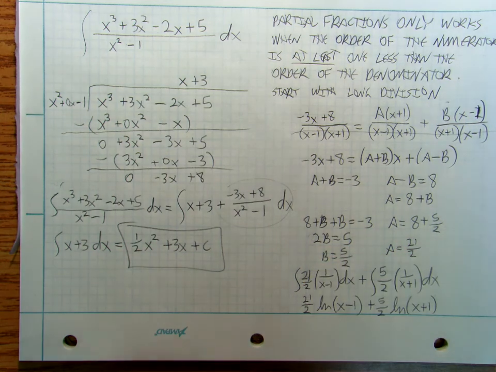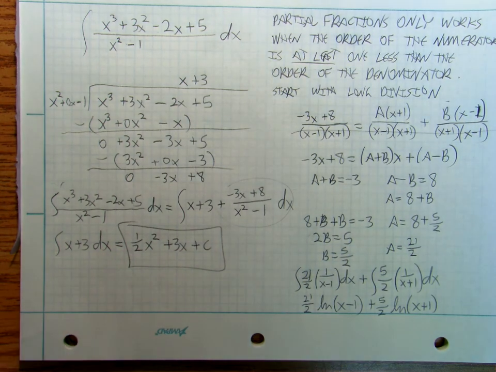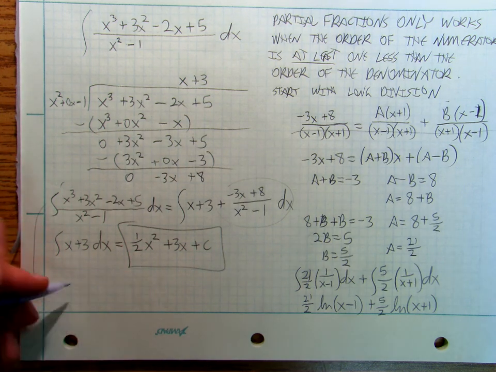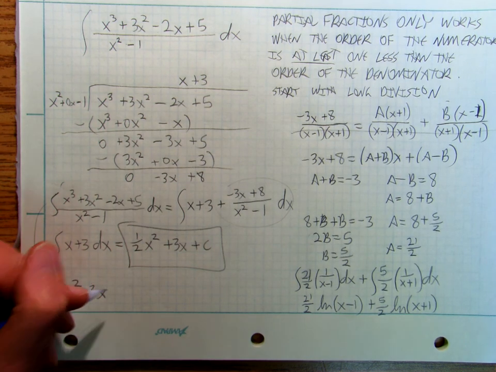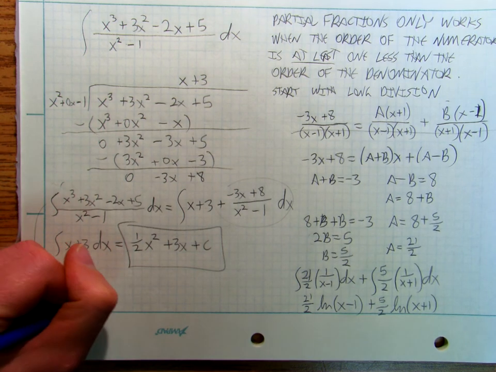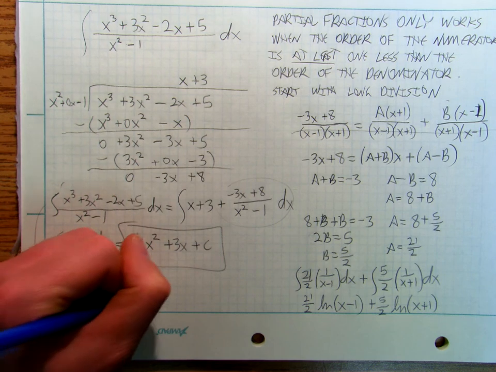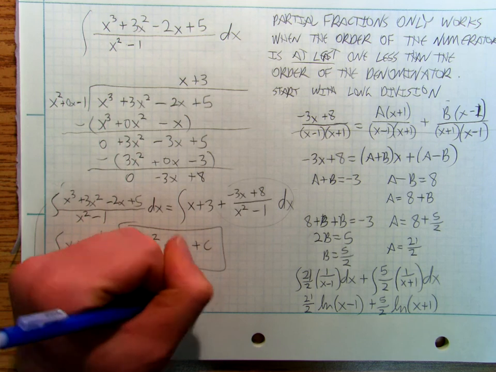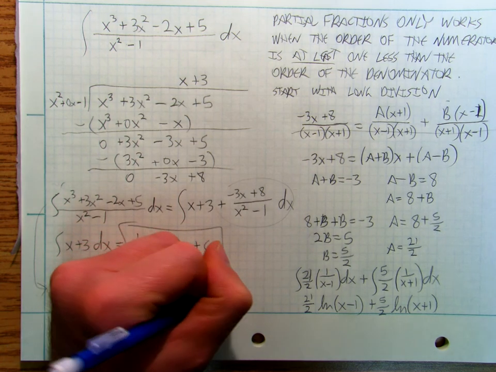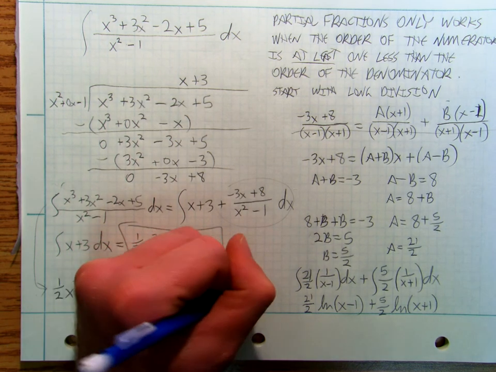Then I've got my plus C. So this whole integral is equal to 1/2 x squared plus 3x plus 21 over 2 ln of (x minus 1) plus 5 halves ln of (x plus 1) plus C.